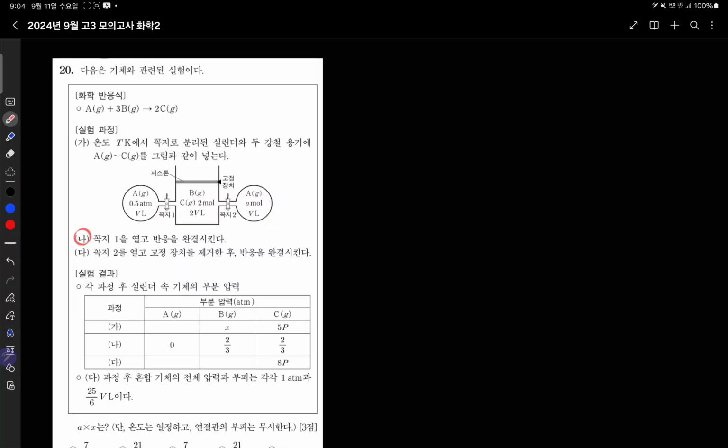For the first reaction, valve 1 is open and the piston is fixed. So in this reaction, volume doesn't change.